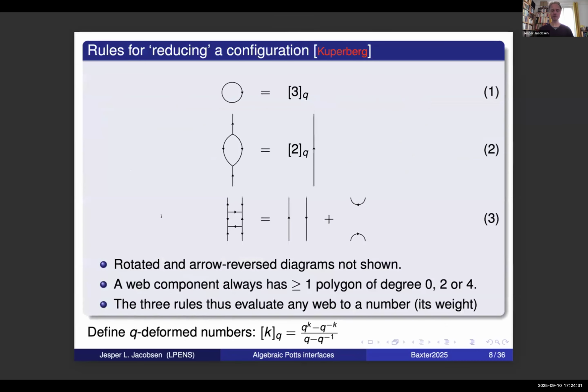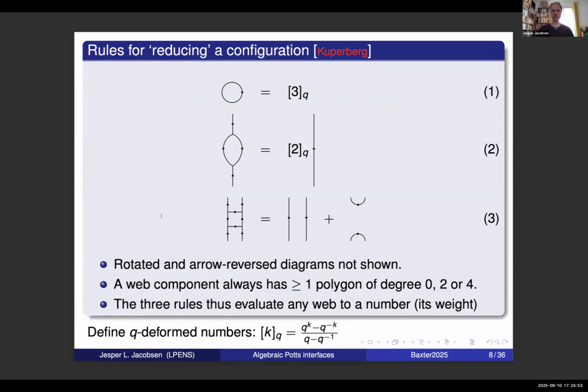So Kuperberg found that if you draw such a configuration, then you can reduce it to a number by applying three rules. So for a loop model, recall there would be just one rule saying that each loop should be replaced by the number n. Here, there are going to be three rules.